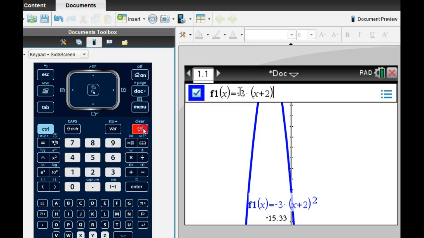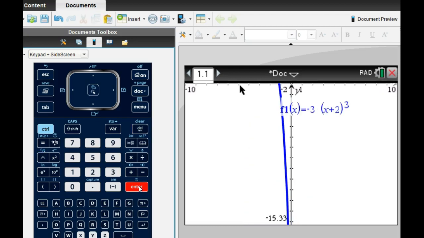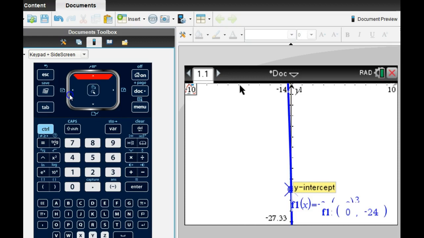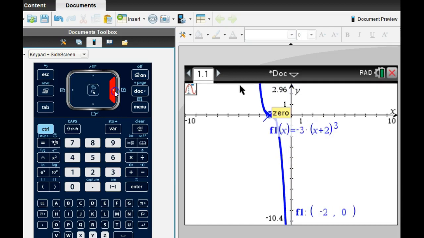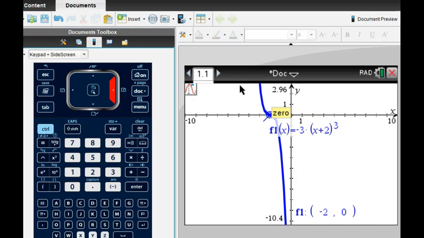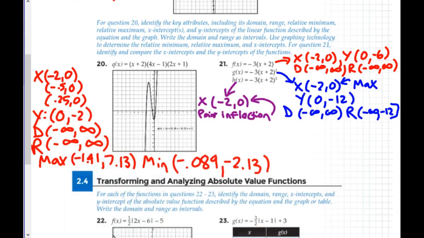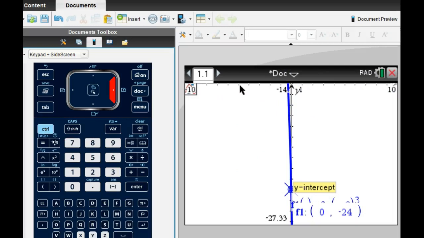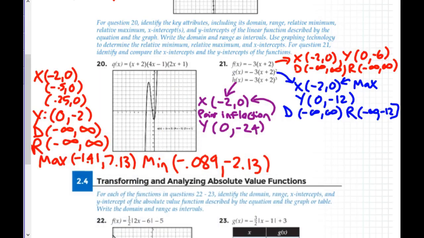Let's caret 3 that. Alright, so we got our x, y-intercept.